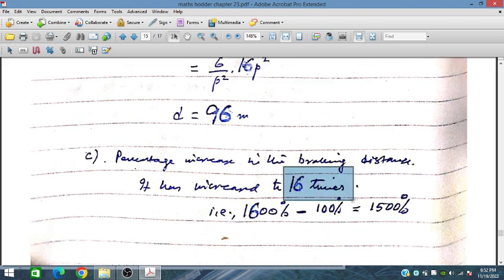So the percentage increase in the braking distance is 1500%, which means 16 times. Initially it was 6, and now 90 meters more. So 90 meters is 15 times, that is 1500%, which is very, very high.